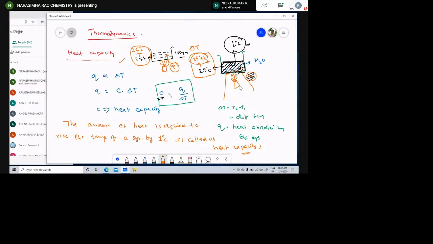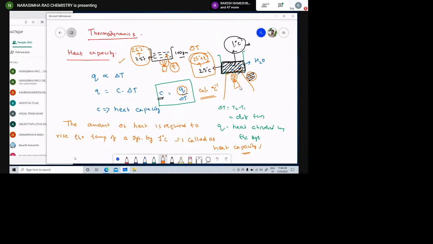Now heat capacity is this: Q by delta T. Q is in calories, change in temperature in degrees C, so the units are calories per degree C. This is the discussion about heat capacity. Of course, children, there are heat capacity at constant volume and heat capacity at constant pressure.